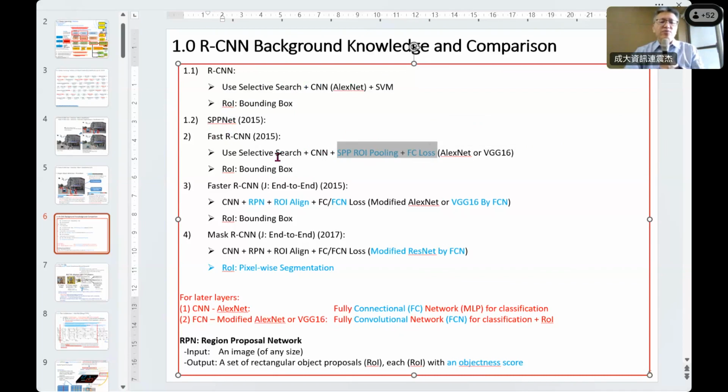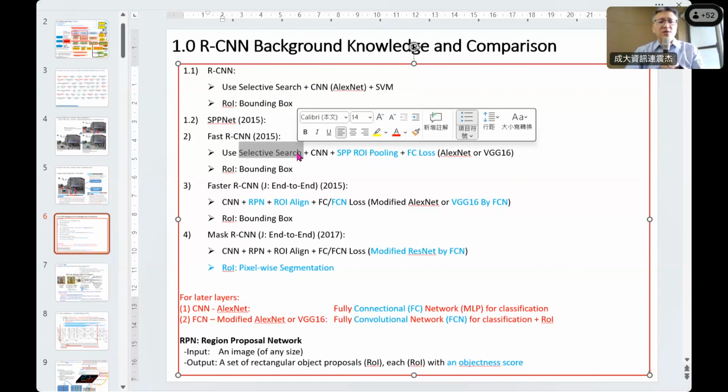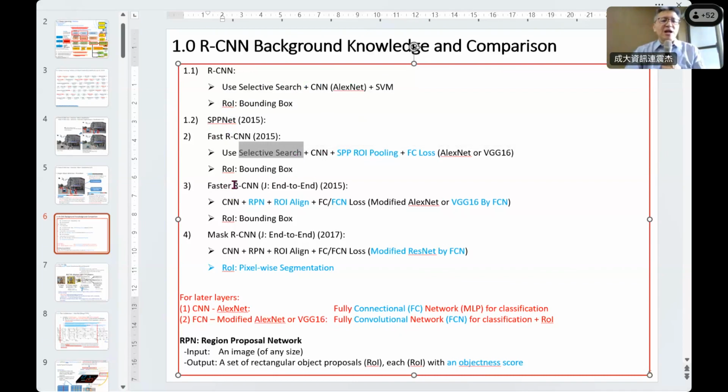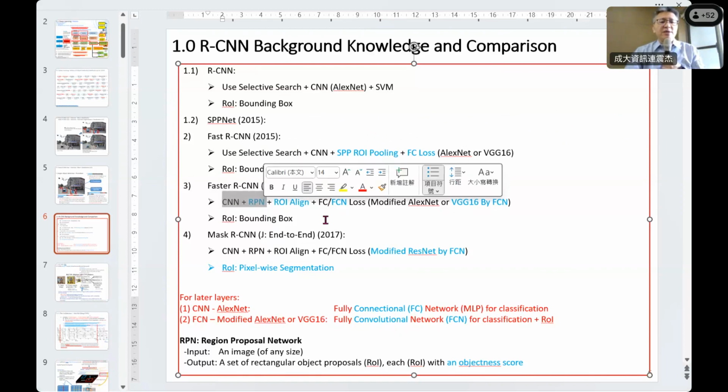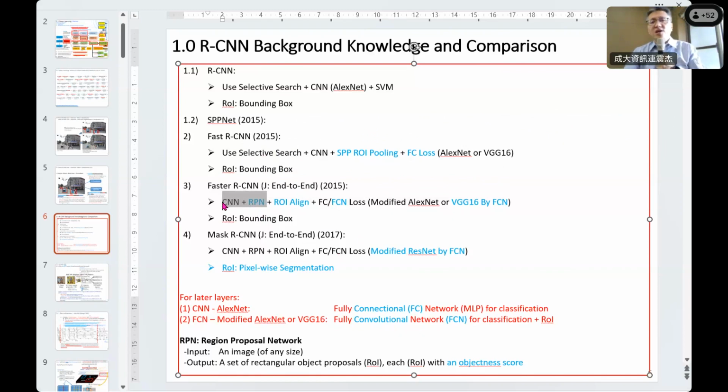But for the detection, they still use the computer vision method, until Faster RCNN, which includes what we call the region proposal network. So they have a complete network instead of computer vision. So Faster RCNN is probably the first detection method that completely uses the network.